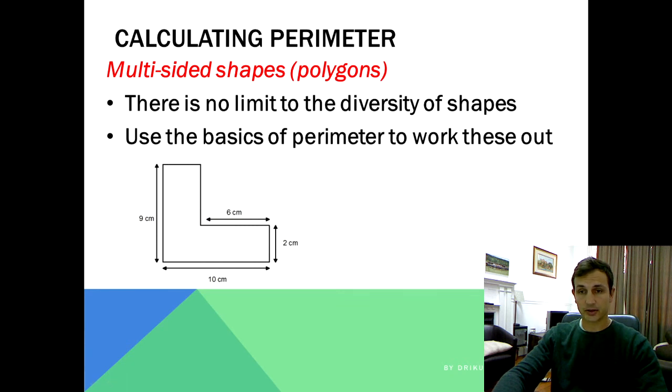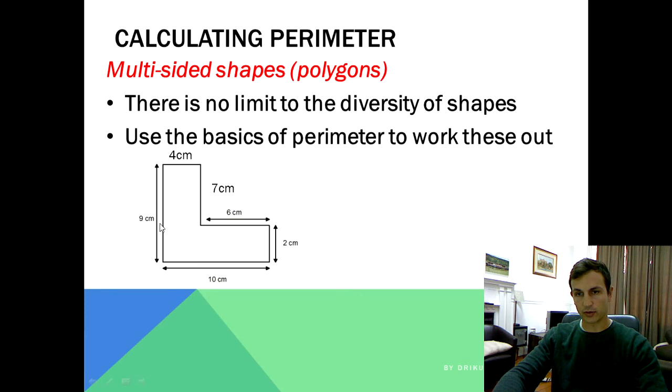So there's obviously a way of doing that, bearing in mind that all of these lines are perpendicular to each other, so they are forming 90-degree angles. So that makes it possible for us to find these unknown sides. So if this side here is 9 centimeters and that side there is 2 centimeters, then we can work out this unknown side by subtracting 2 from 9.